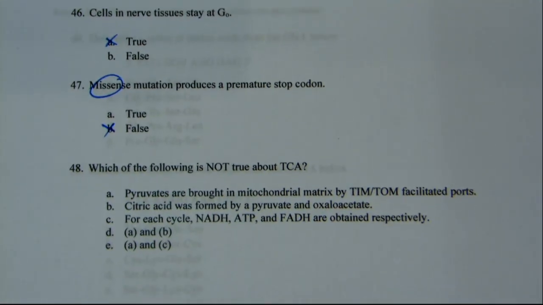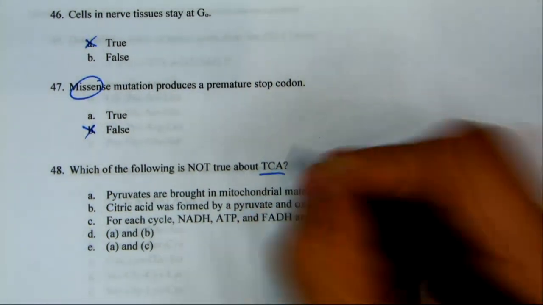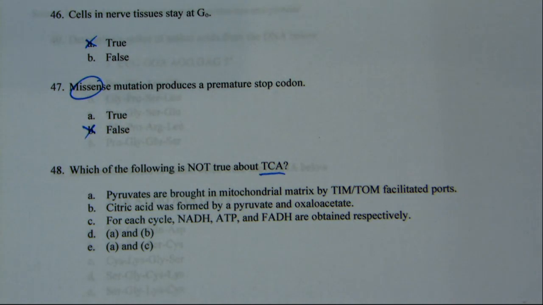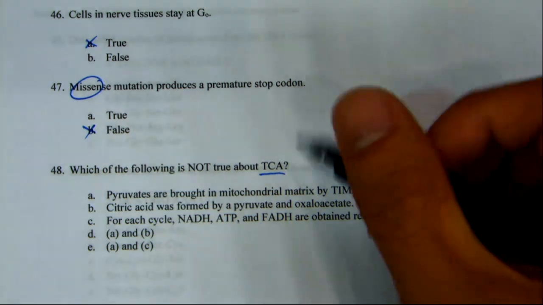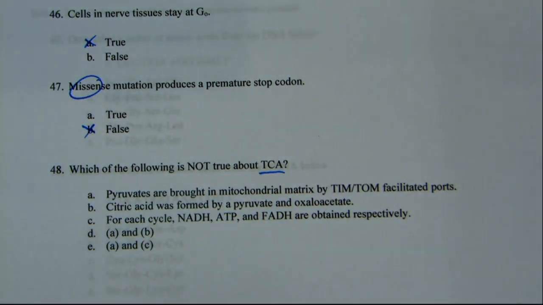48. Which of the following is not true about TCA? Okay, the first one. What is TCA again? Anybody remember? TCA is Krebs cycle or citric acid cycle. So you need to know all of those.